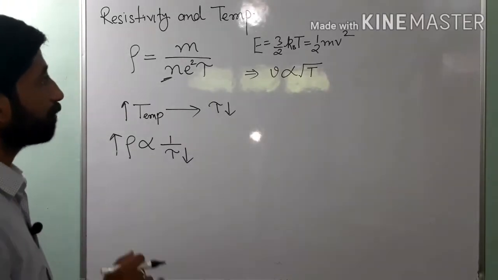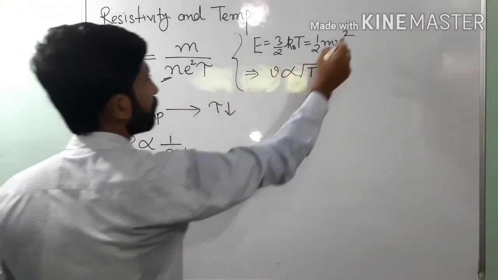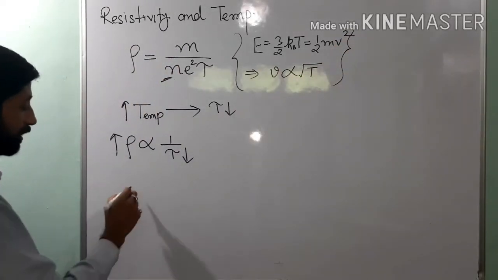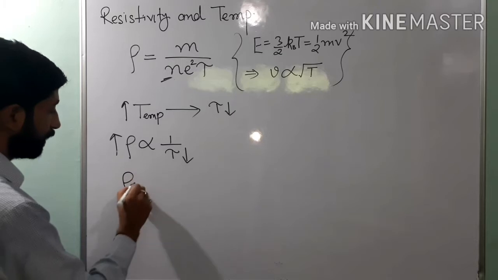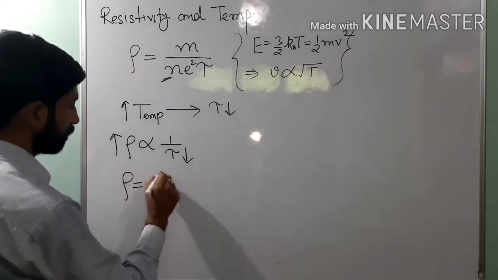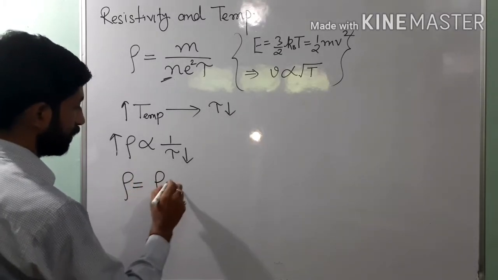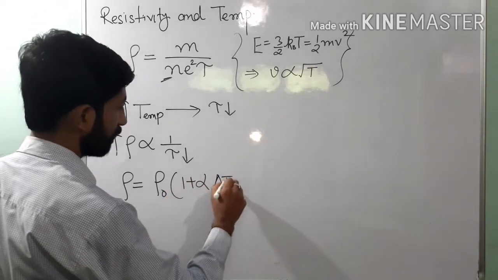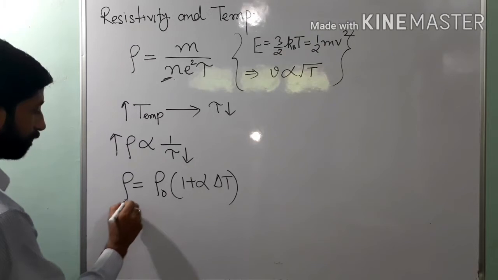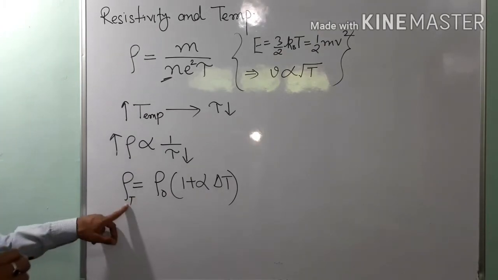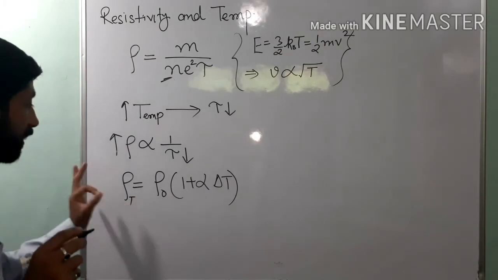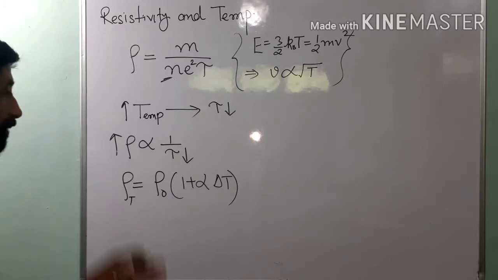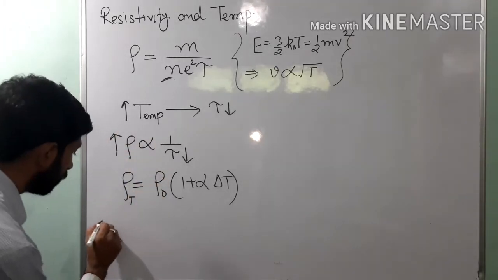One more very important relation: the resistivity of conductors is given by rho T is equal to rho naught times 1 plus alpha times the rise in temperature. And rho T is what? It is the resistivity of the metal at a particular temperature T. So I must mention all the symbols.